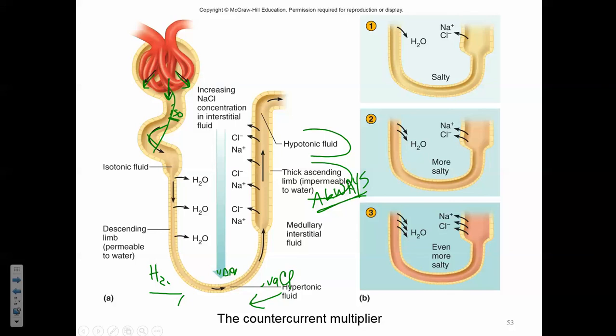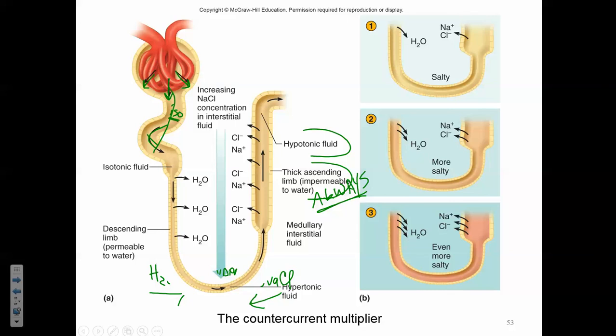The longer the loop of Henle is, the more effective this countercurrent mechanism is, because there's more time for it to get saltier and saltier. The saltier it gets between the ascending and descending limbs, the more water is going to move out of the descending limb, which means it's not going to be in the filtrate, so you're going to be able to retain it better.